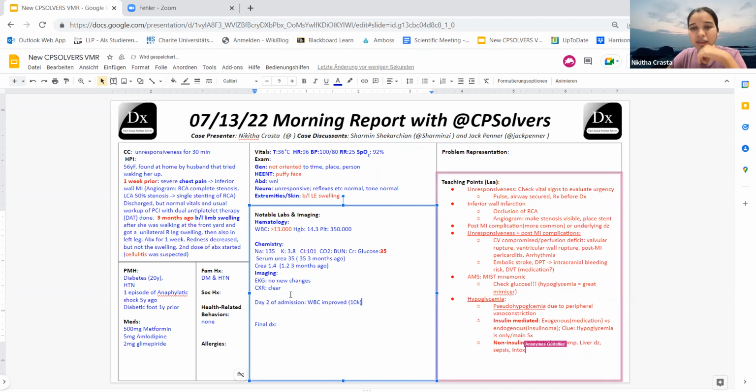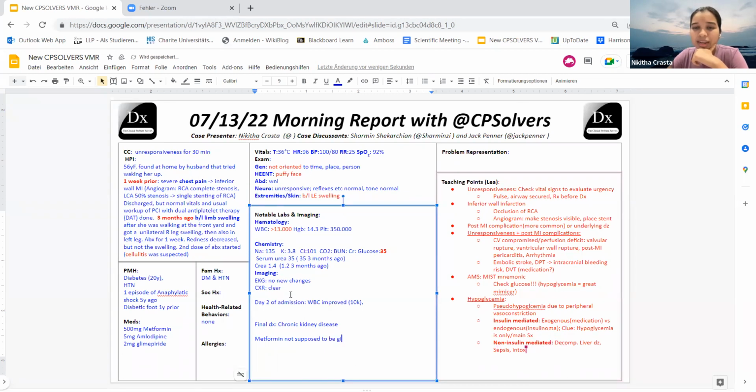After seeing how the case unfolded, and the fact that she's been having 3 months of lower limb swelling and her creatinine has been in the higher range for the past few months, we considered that she might just have chronic kidney disease. She's also on metformin, which is not supposed to be given in people with GFR less than 30, and her GFR was less than 30.